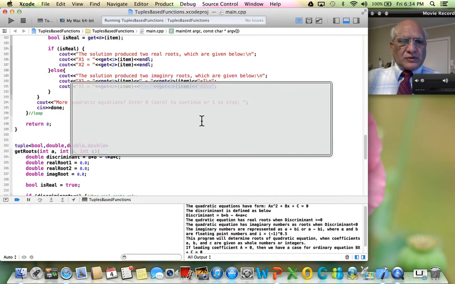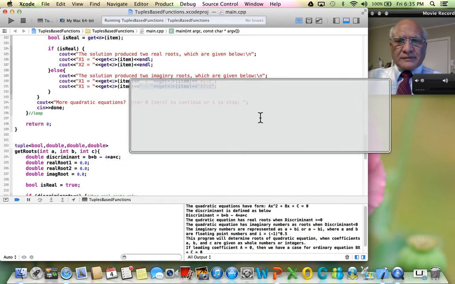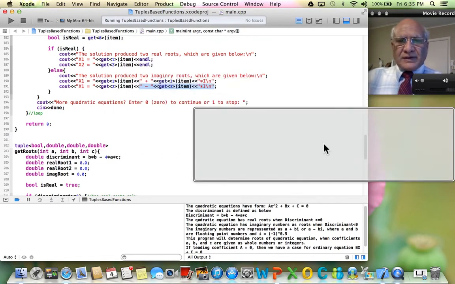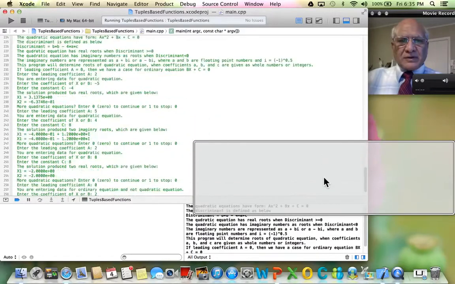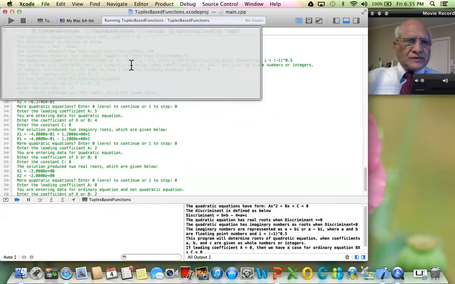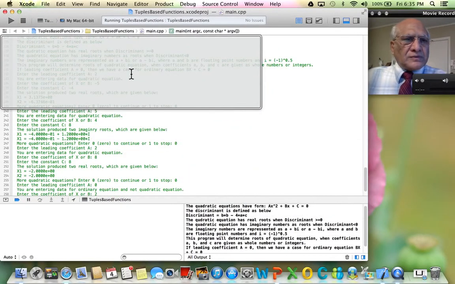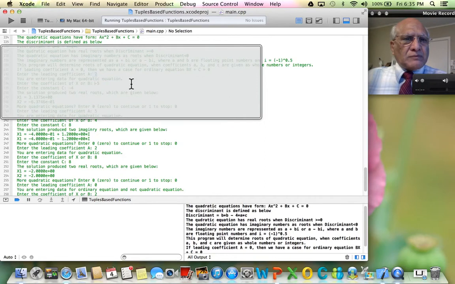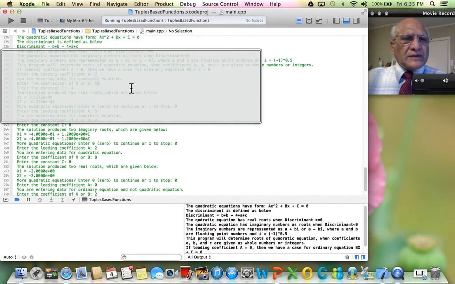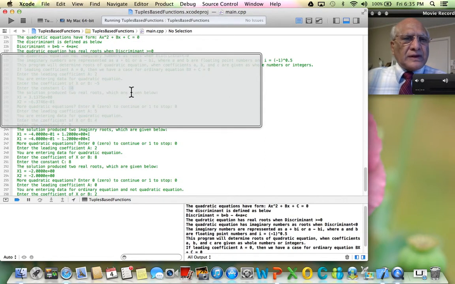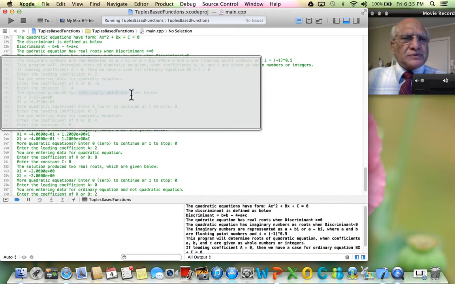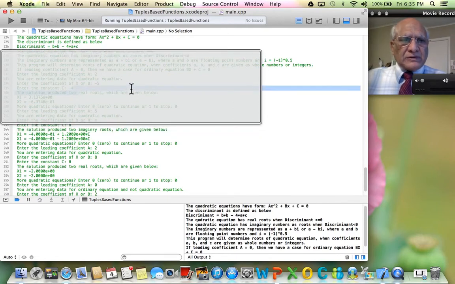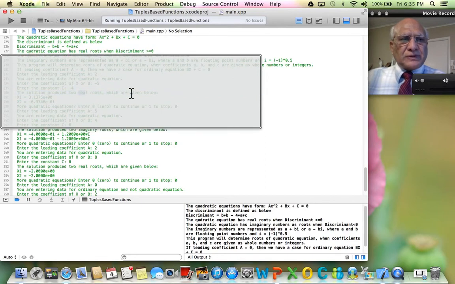Okay, so I have done this number of values we have entered. I'm going to show you. I entered A equal to 2, B equal to -5, and C equal to -4, and in that case two real roots were produced. And in a minute I'll run the program for you and show you.